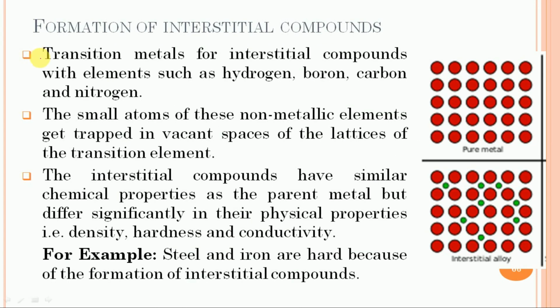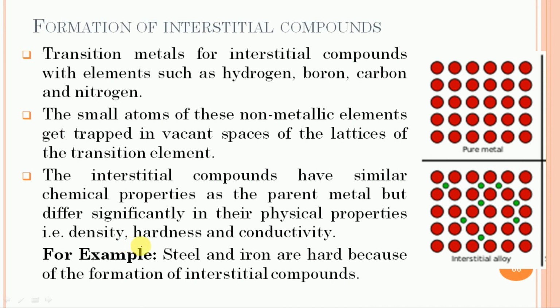Formation of interstitial compounds. The transition metals form interstitial compounds with elements such as hydrogen, boron, carbon, and nitrogen. The small atoms of these non-metallic elements get trapped in the vacant spaces of the lattice of the transition element. The interstitial compounds have similar chemical properties to the parent metal, but differ significantly in their physical properties such as density, hardness, and conductivity.